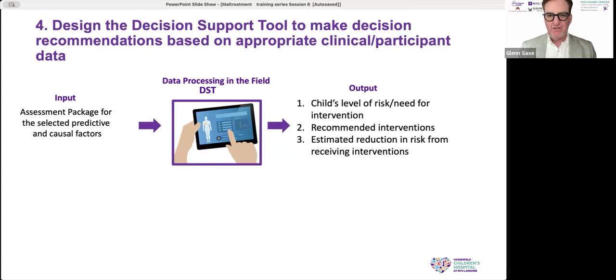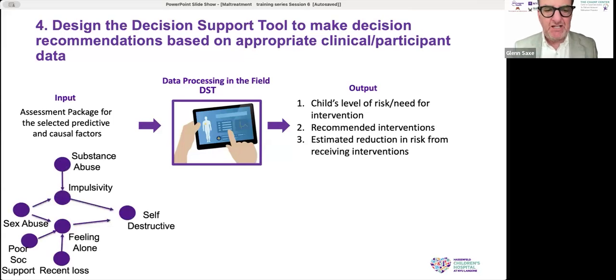And that's how we're trying to advance the field, through tools that are able to do this. And just to give you an example, let's say you had a causal model for self-destructive behavior from sexual abuse that looked like this.